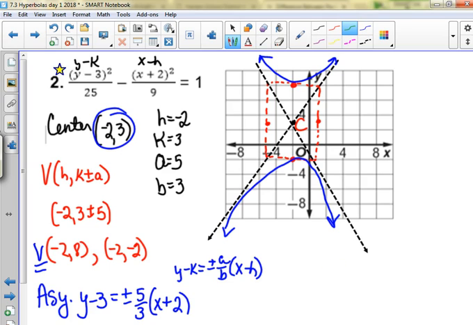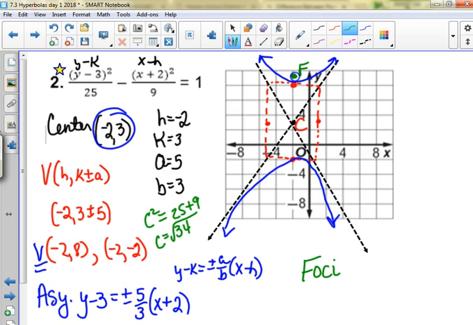Okay, we need the foci. That's the part we didn't do yet. So we have to find c. C squared is a squared plus b squared, or 25 plus 9, which is 34. So c is the square root of 34. But it's up here, 2, 4, almost 6.